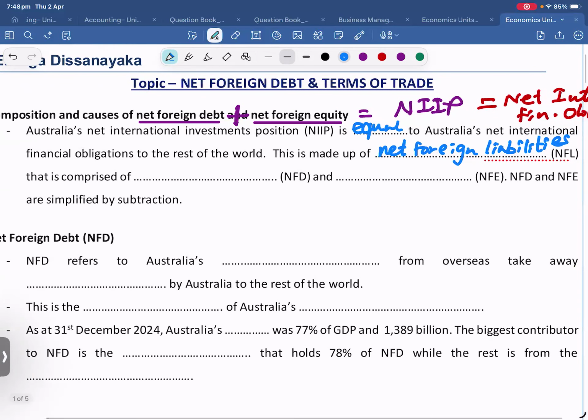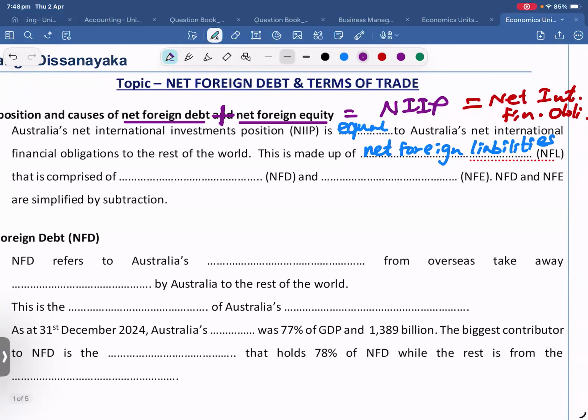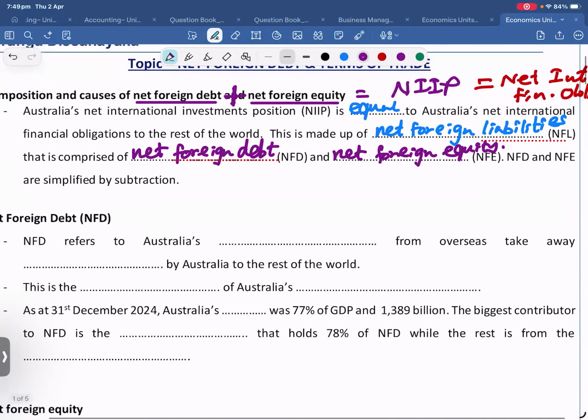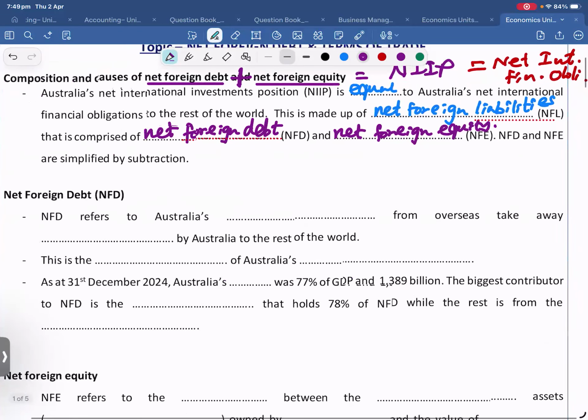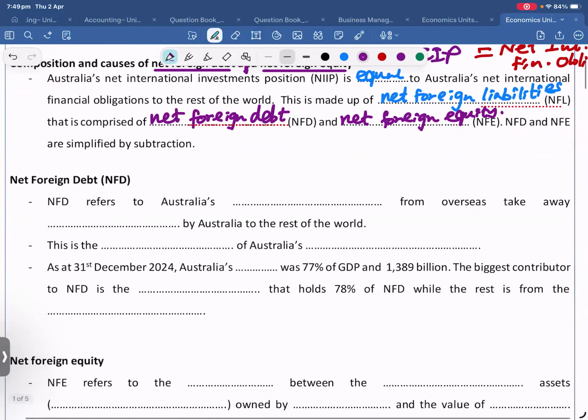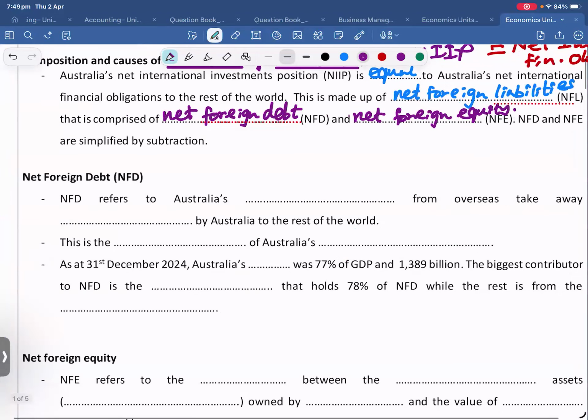NFL is comprised of net foreign debt and net foreign equity. They are simplified by subtraction. I'll explain what it is. Firstly, guys, we'll do net foreign debt.